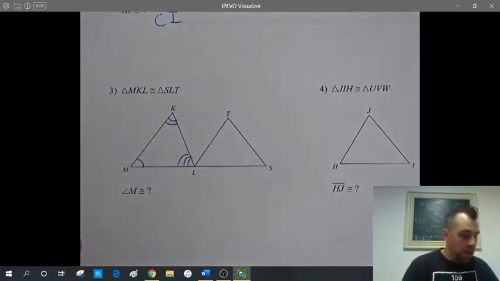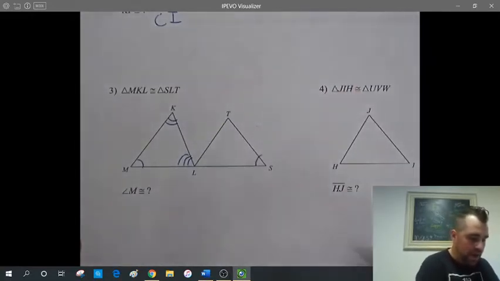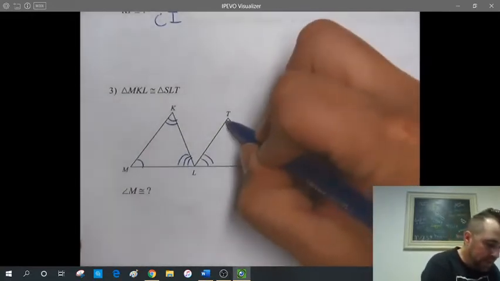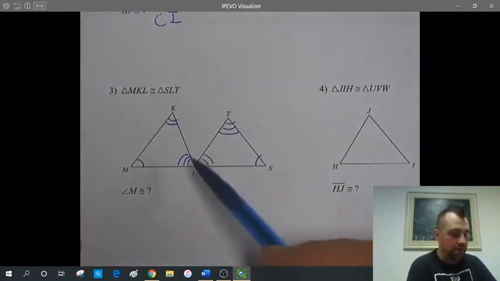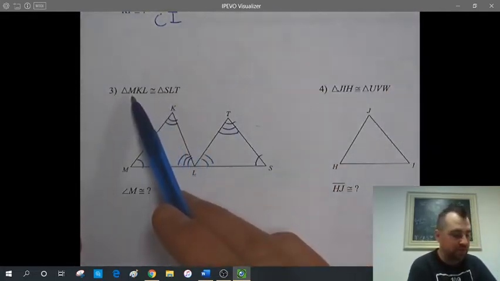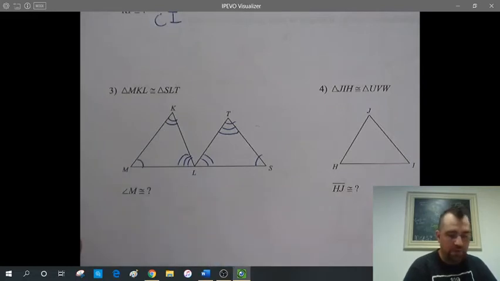And then if I do the other one, S gets the single, L gets the double, and T gets the triple. Again, that's just in accordance to the way the letters were ordered in the congruent statement. I'm just following that pattern, going 1, 2, and 3 markings in accordance with that.